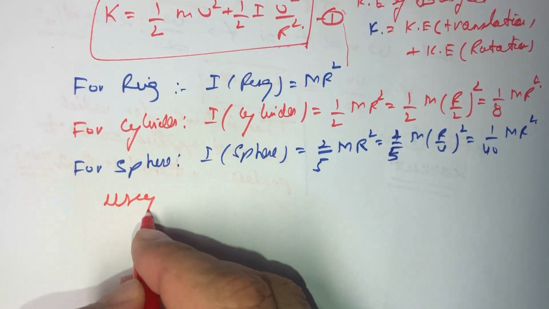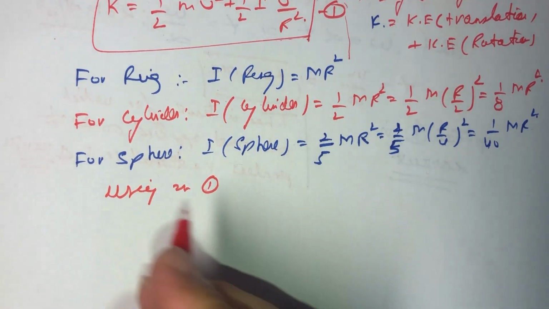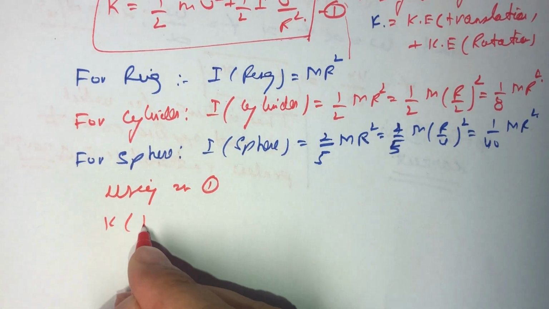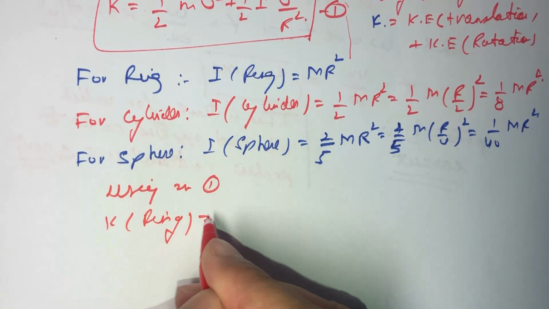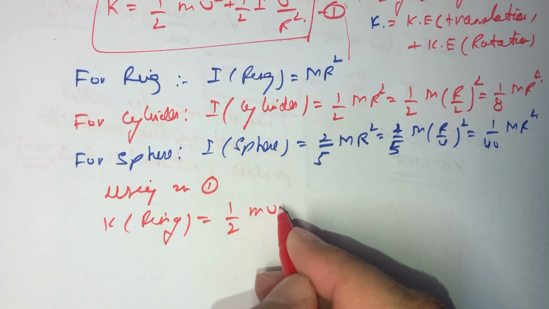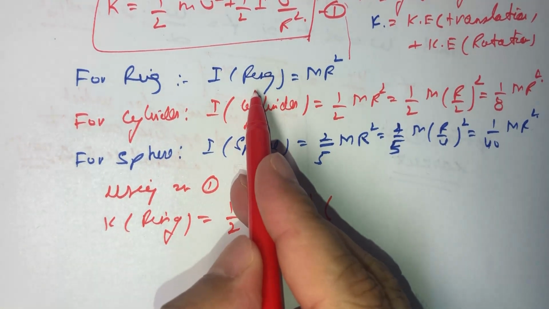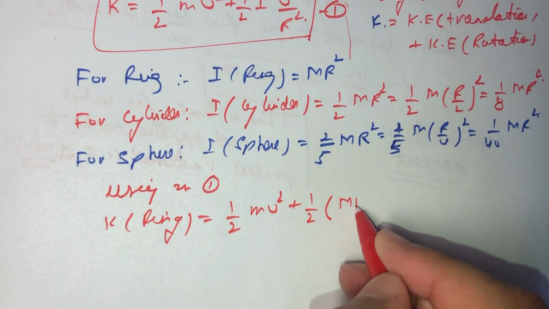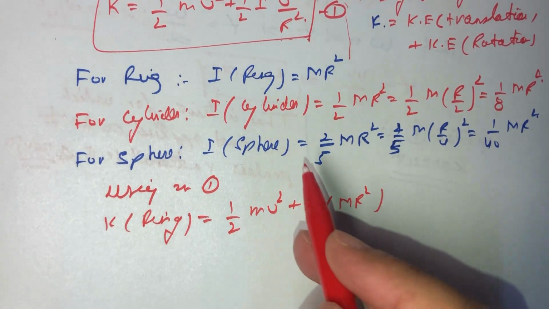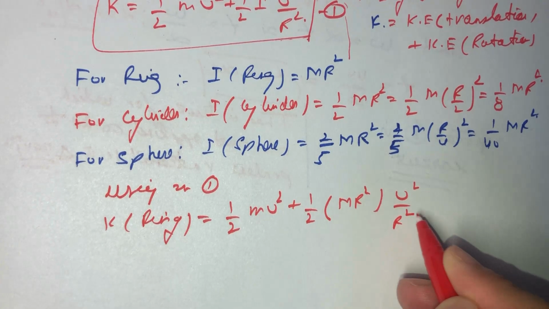Using equation 1, the kinetic energy for the ring will be equal to half mv square plus half the inertia of the ring, that is mr square, multiplied by v square upon r square.